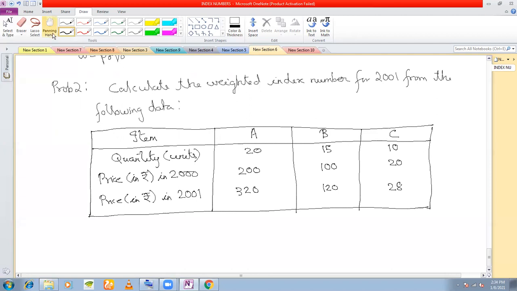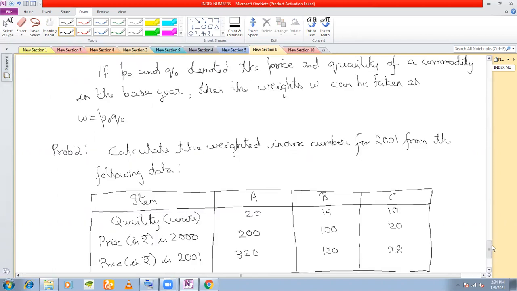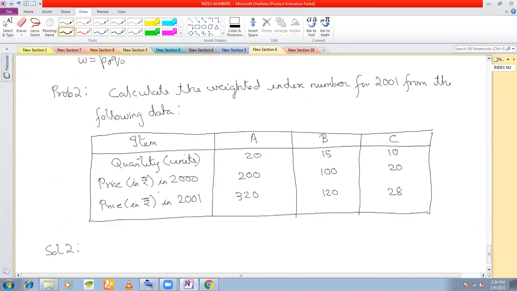So first, solution. I'll make the three columns for quantity, price in 2000 and 2001. What you need to see here is that you need to calculate the weighted index number for 2001. And what is the base year? Obviously, one past year is the base year. They have not mentioned the base year, but definitely you will assume 2000 to be the base year.